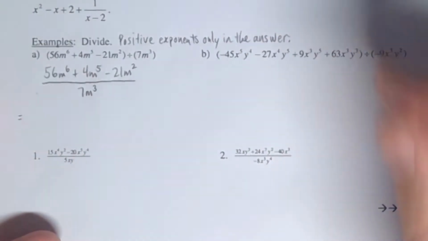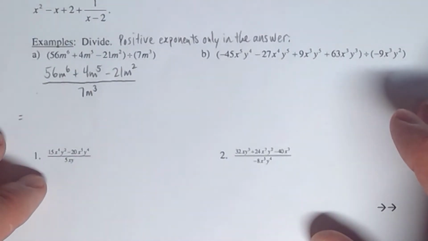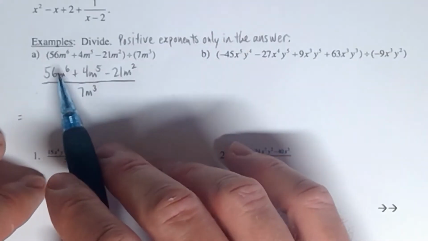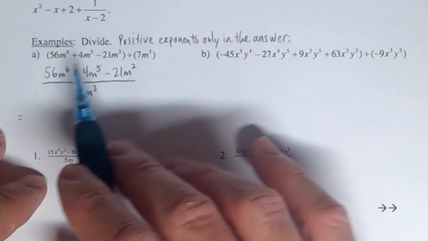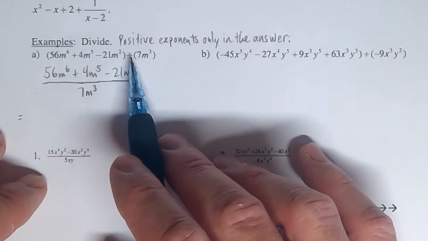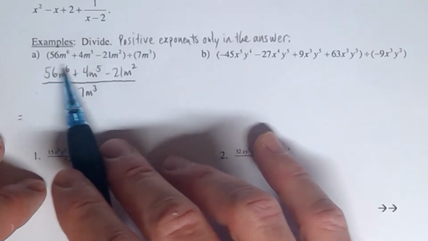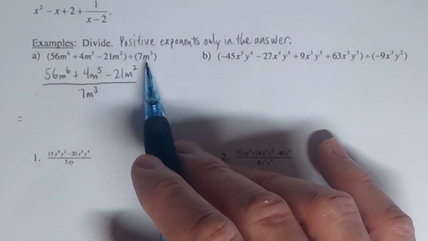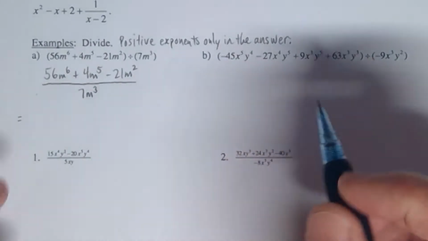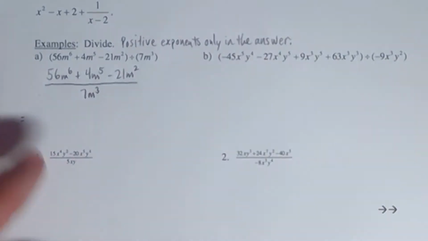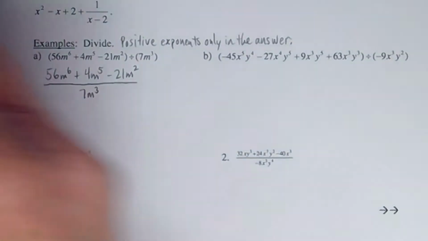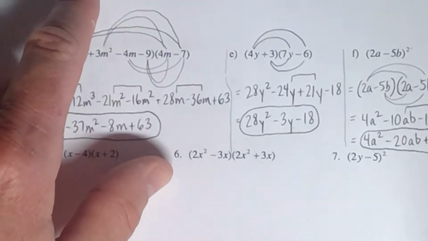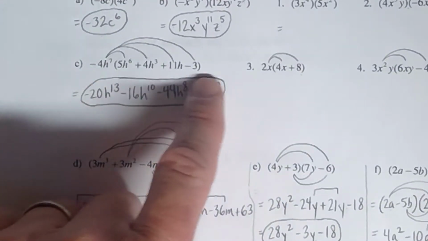What we do, and let me give myself some space here, we're going to need a couple more lines. When the thing that you're dividing into, the first part before the division symbol, has more than one term, and you're dividing by just a single term, it's kind of like when we did multiplication in the previous section where you distributed the single term to all these terms.